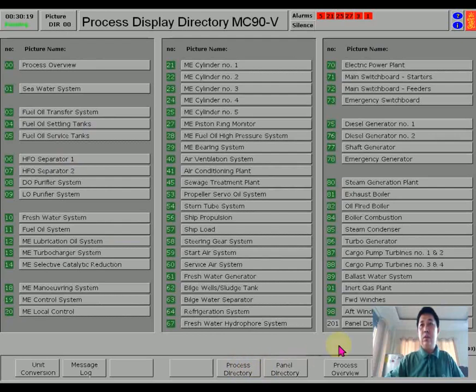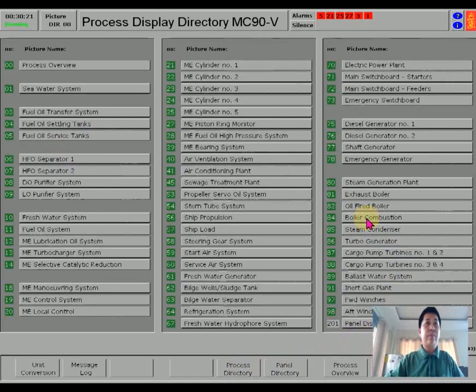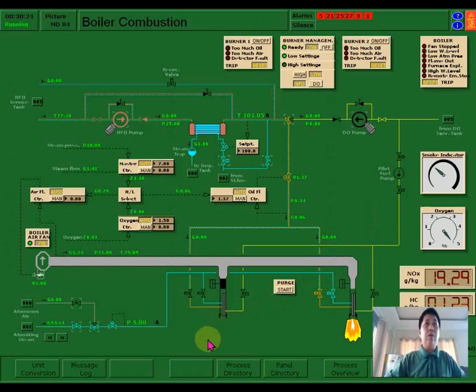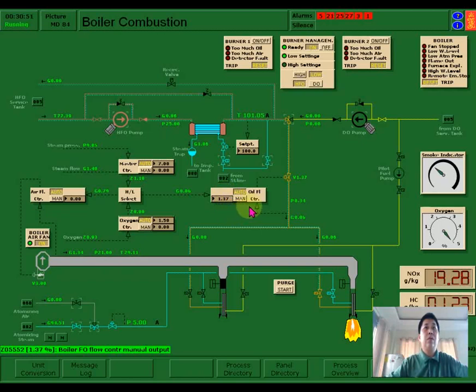So in here, your fuel oil is controlled here. Oil flow control, so controlled automatically by your controller, now it's set in auto.